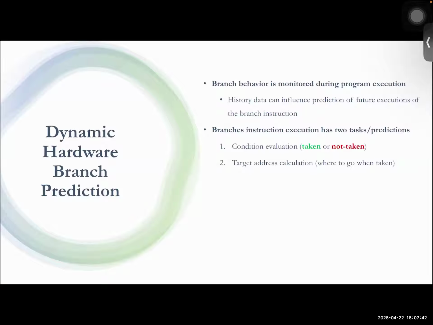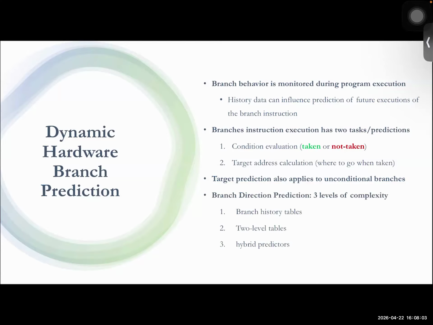And based on that comparison, the second ALU in the execution stage computes the branch target address. In branch prediction, the first task is finding the direction of the branch, whether it goes back or forward to the next instruction.